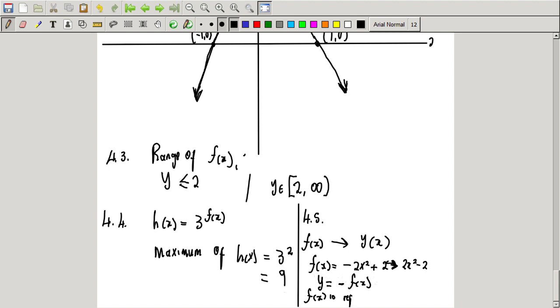So it means f of x is reflected by the y. No, the entire function changes, so it is not the y-axis. It's reflected by the x-axis, because this whole function is changed.